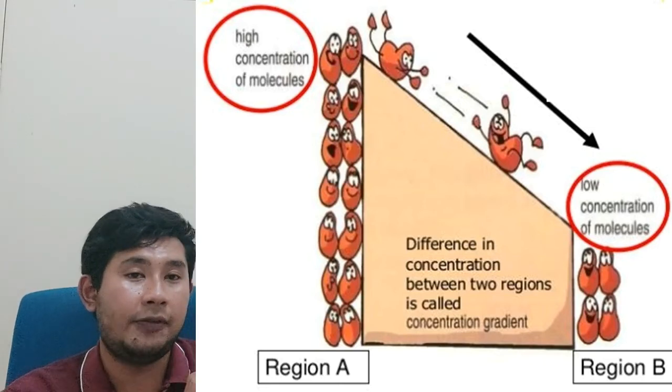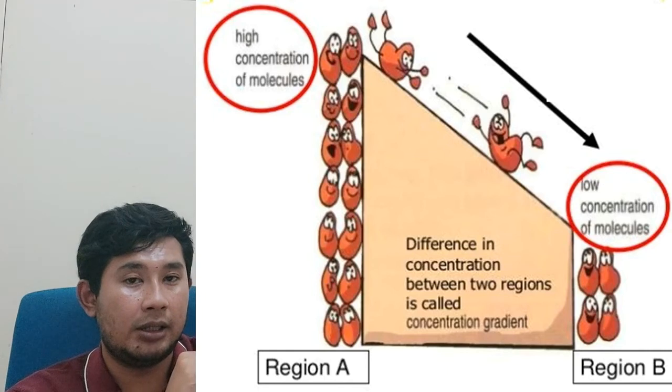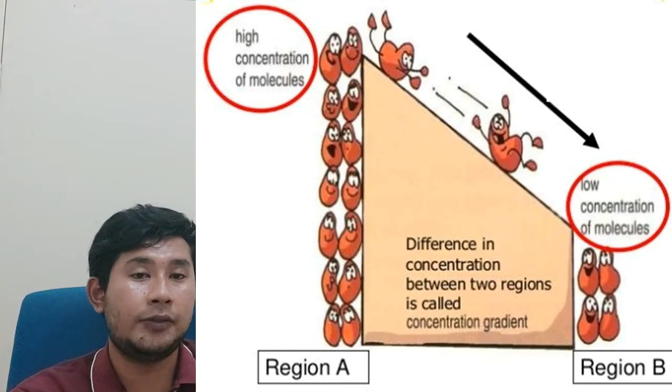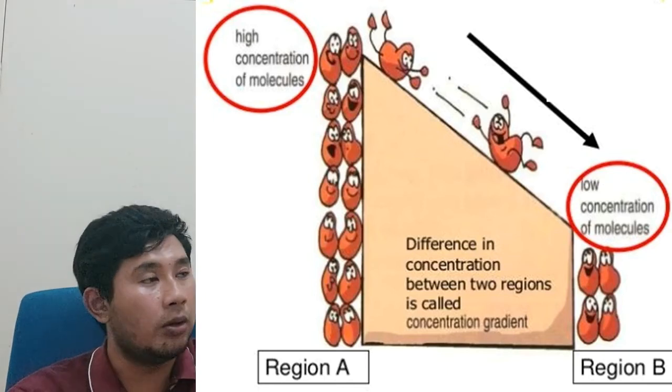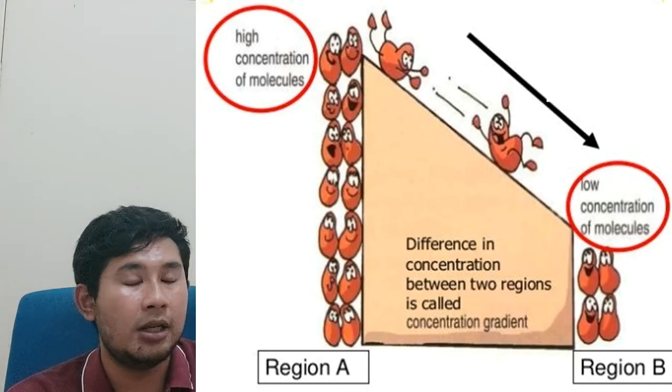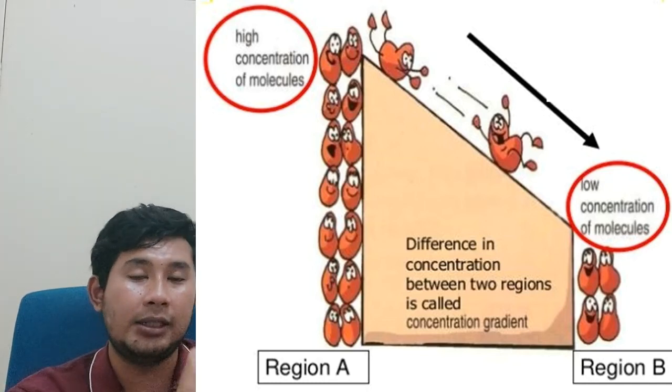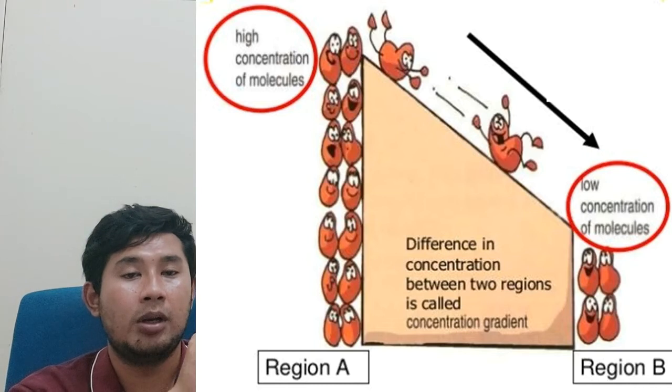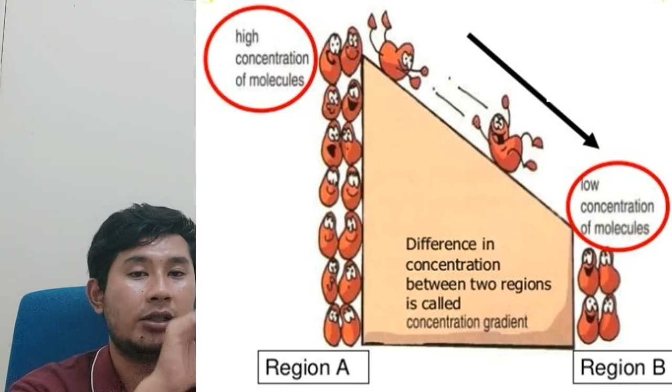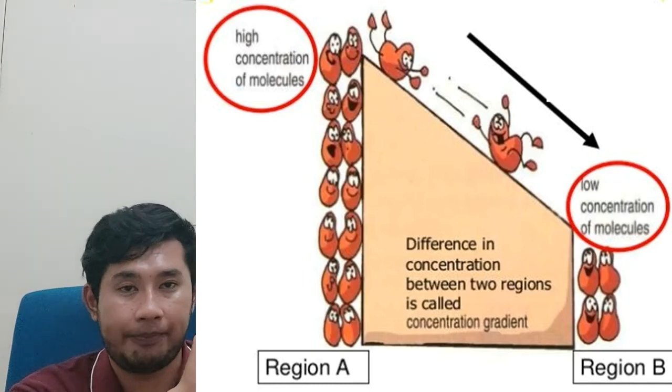The higher the difference, the steeper the gradient will be. Molecules from region A will go down the gradient to region B until they reach equilibrium, where the concentration will be the same. This is the meaning of down the concentration gradient.